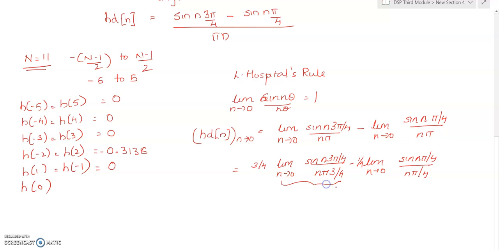So this term becomes equal to 1, and this also becomes equal to 1. So eventually it becomes 3 by 4 minus 1 by 4, that is 0.75 minus 0.25 equal to 0.5. So your HD of 0 is 0.5.